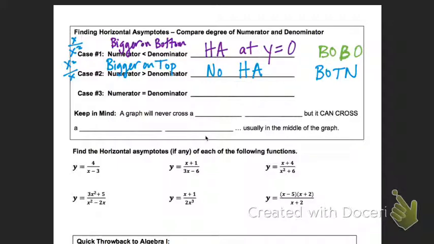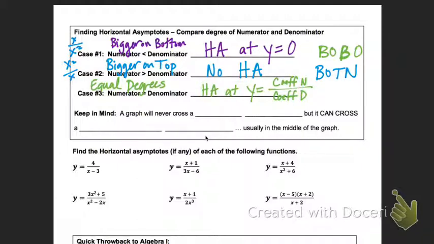Then if the numerator equals the denominator, so if it has equal degrees, then you have a horizontal asymptote at y equals the coefficient of the numerator divided by the coefficient of the denominator.